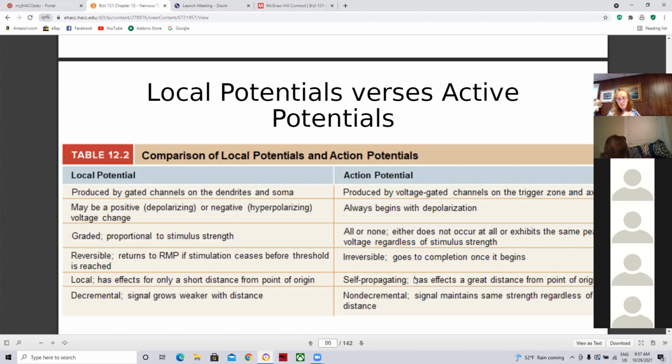The action potential has the same amplitude at the axon hillock that it has at the end of the axon. And it's self-propagating, so it continues itself.